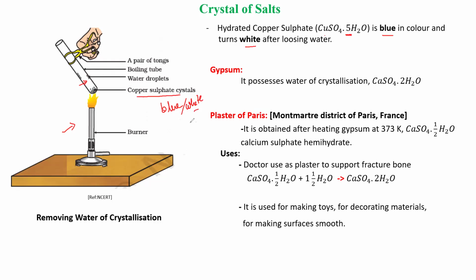Now another crystal is gypsum. It is also very important. It possesses water of crystallization. Here we see calcium sulfate having two molecules of water. Now how we are going to use this gypsum is important. This is the plaster of Paris.